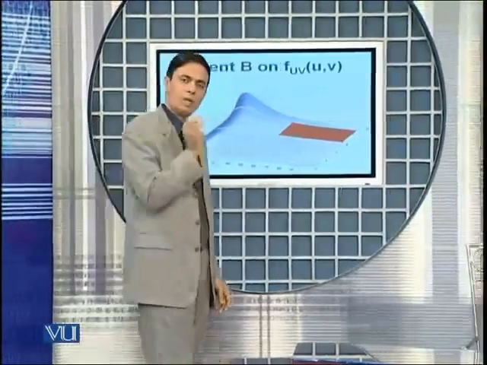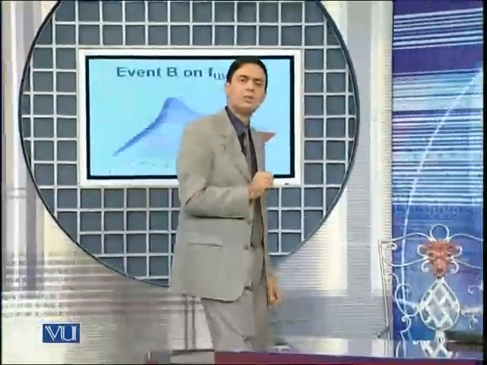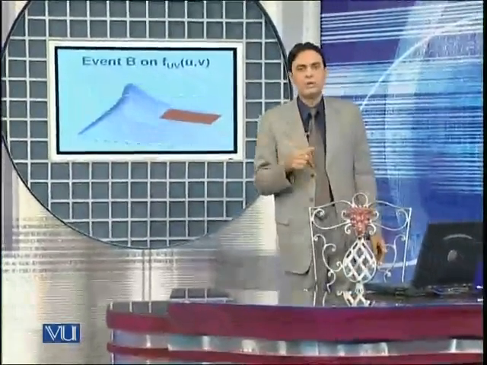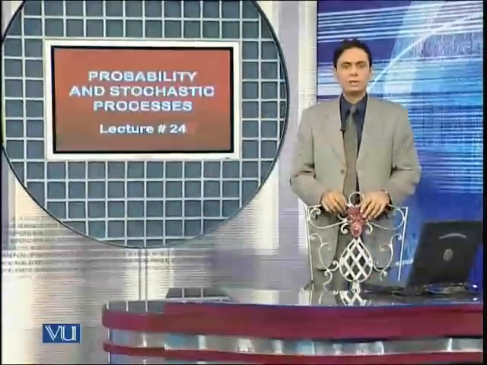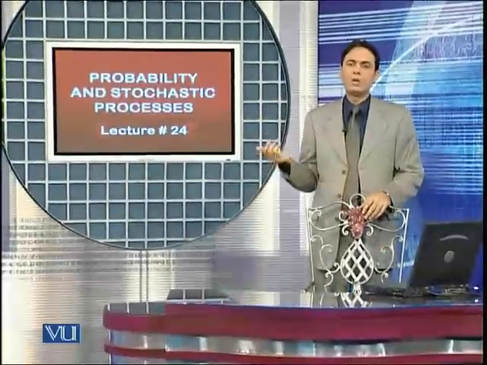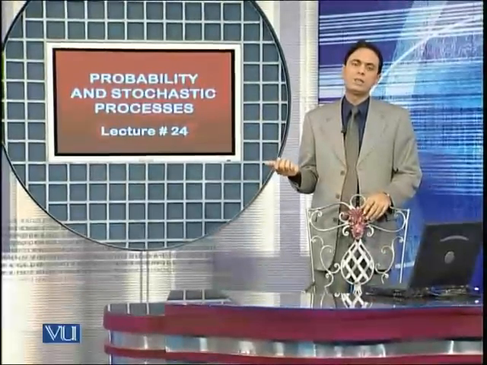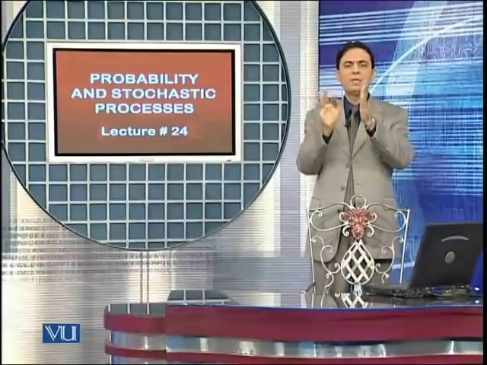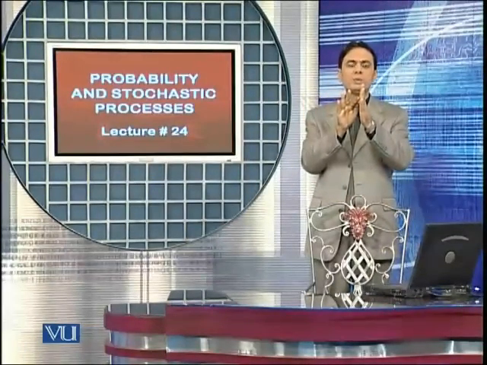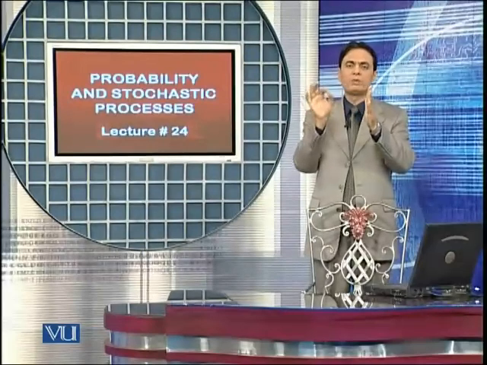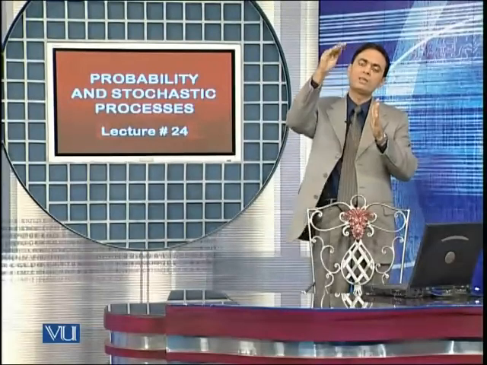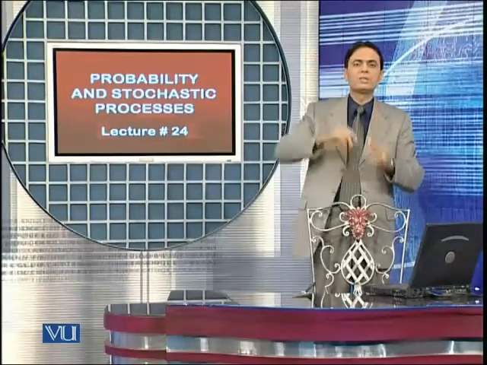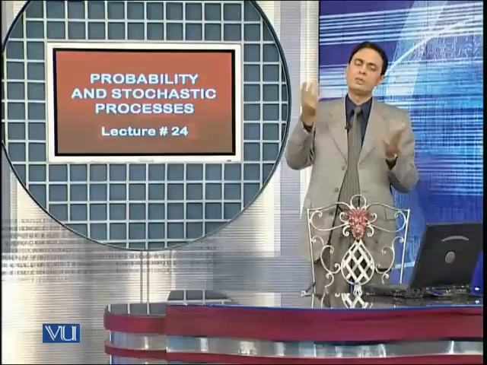So you have identified the region on the UV plane over which you must integrate the joint PDF of U and V to get the answer to that question, and it's not very difficult to do that double integral because the region is rectangular. If the inner integral is with respect to U, it is always from 0.5 to 2, and if the outer integral is with respect to V, it is from 50 to infinity.